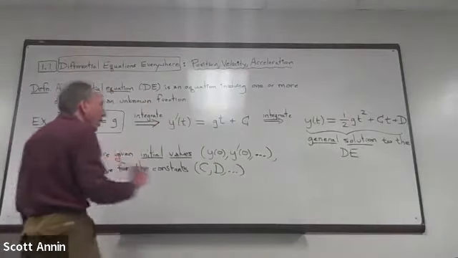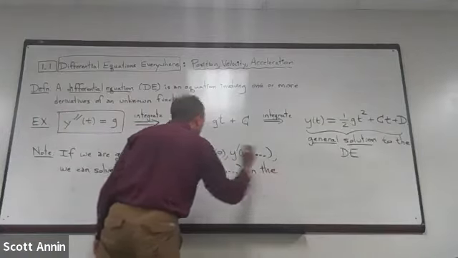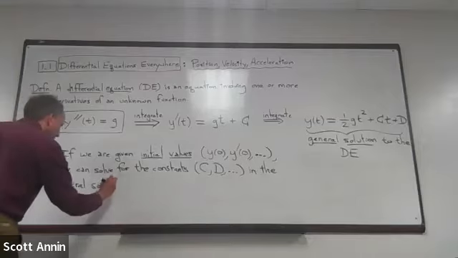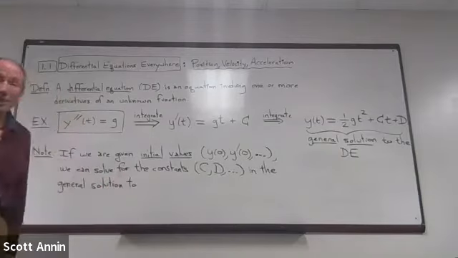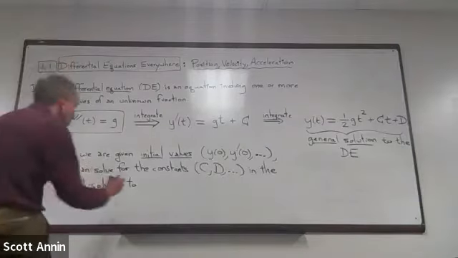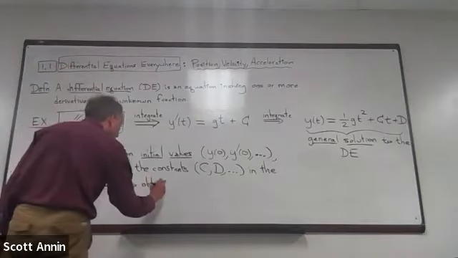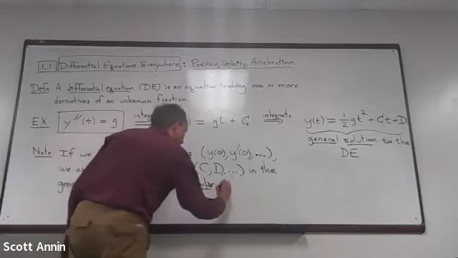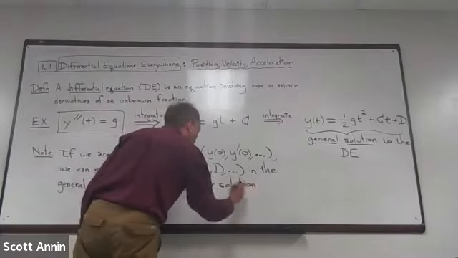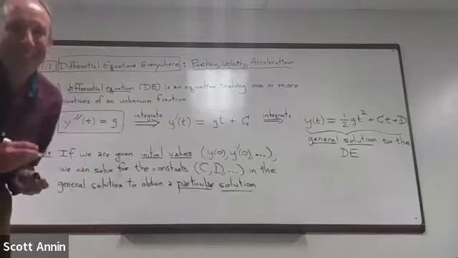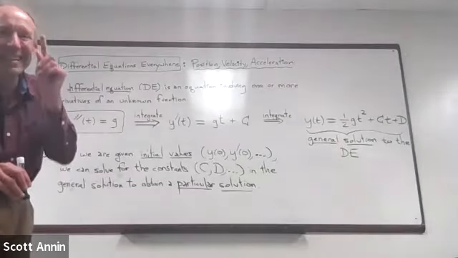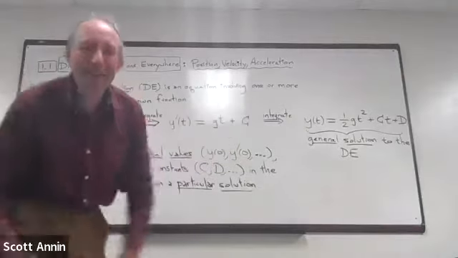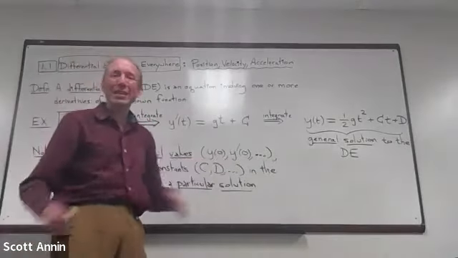But we can solve for the constants that are in that general solution to obtain a particular solution. So there's a difference between a general solution and a particular solution. The particular solution is one specific solution where the constants have all been figured out. We know what C is, we know what D is, and so on.